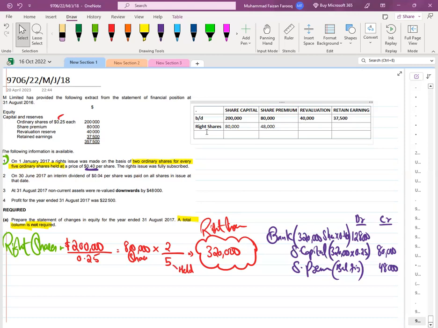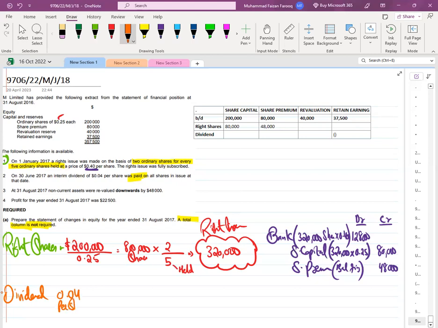Any problem? No. Can you read note number 2, please? On 30th June 2017, an interim dividend of 0.04 per share was paid on all shares in issue at that date. Consider dividend purpose, we ignore, right or wrong? Dividend is 0.04 per share. How many shares do we have?